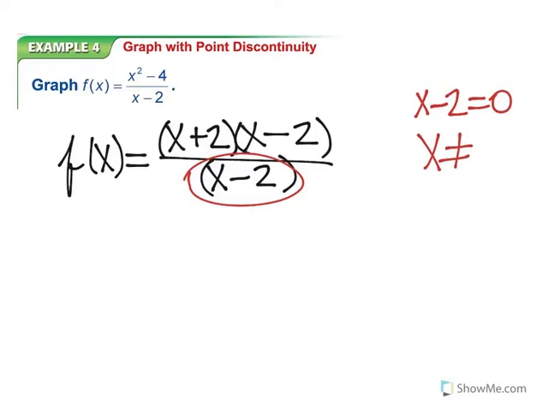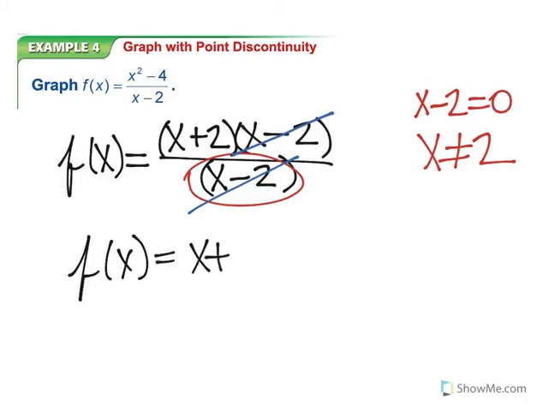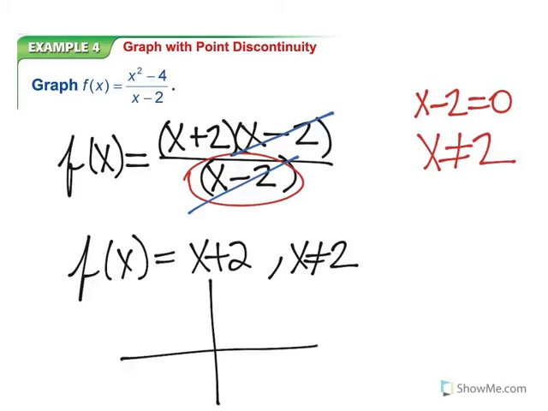So we know that x cannot equal 2. Okay? However, we are going to cancel out this factor, and we're left with f of x is equal to x plus 2, where x cannot equal 2. So this turns into a line with a hole at x equals 2.